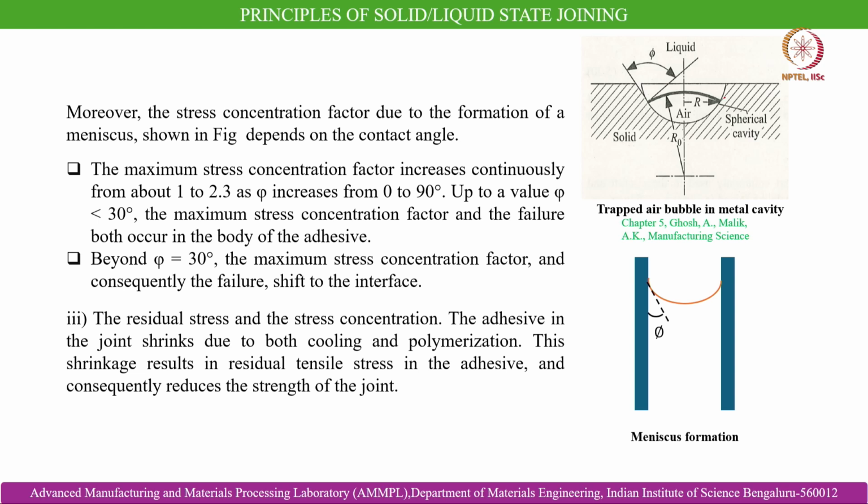It has a radius r, and it makes an included angle phi at the interface of the bubble with the adjoining solid, with the central axis of the adhesive layer.